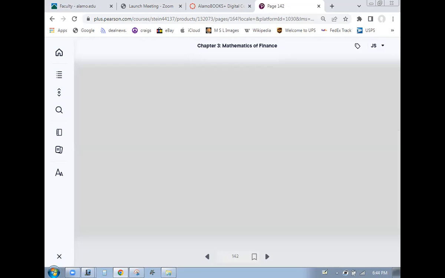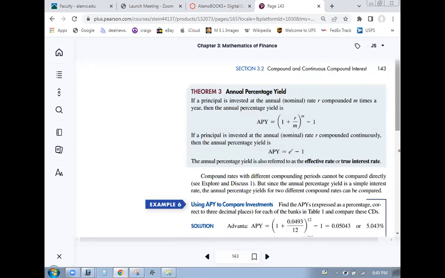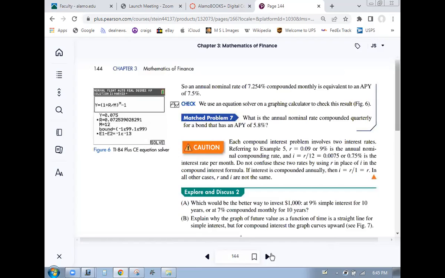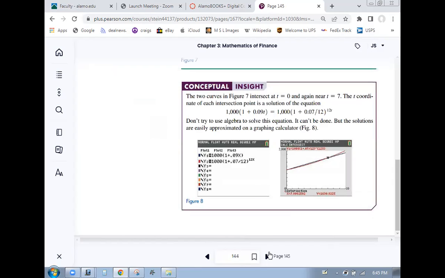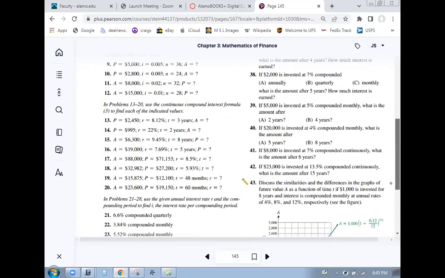Wish I could turn the pages faster. Now we're getting to APYs, whatever APYs are. Annual percentage yield. All right, we'll do that next time. Take some 12th roots. It's going to take an entire another class to do this. There we go. 3.2.